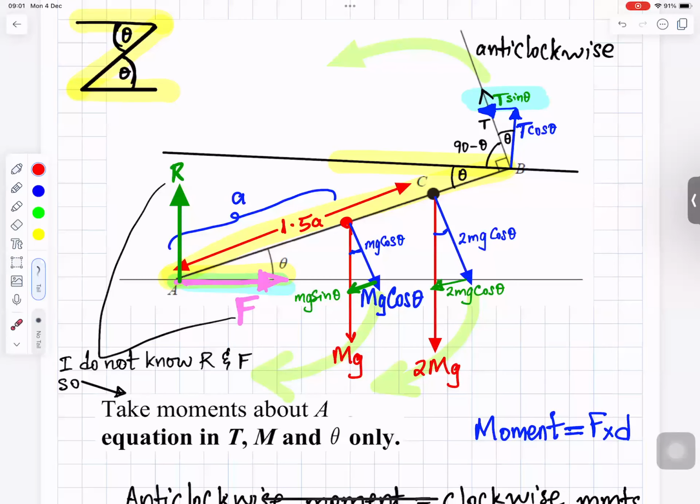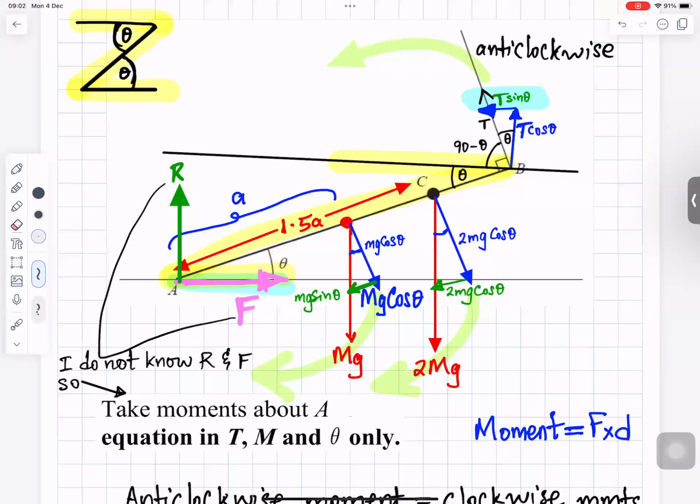So if we look at the diagram, we have 2mg. So this is 2mg cos theta. And this is mg cos theta. And the force going down, mg sine theta.